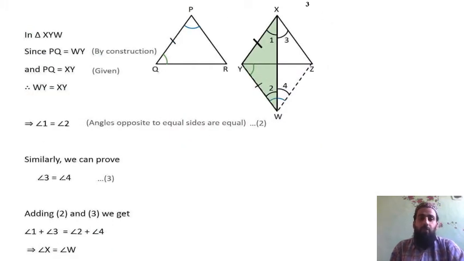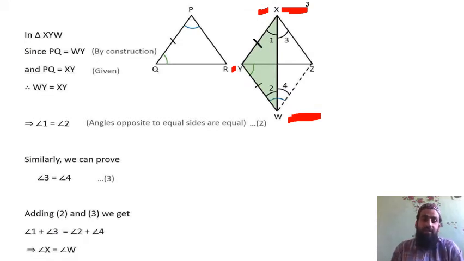Okay, so now I'm going to consider triangle XYW, which is the shaded triangle in there. I'm going to show that angle X and angle W are equal to each other. Why and how? Let's see it.